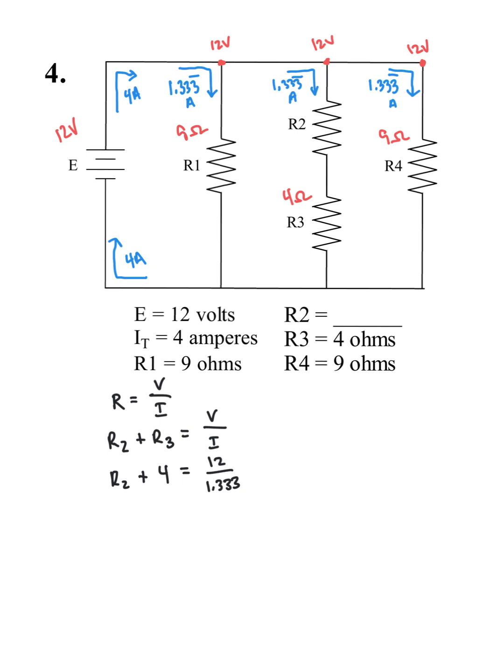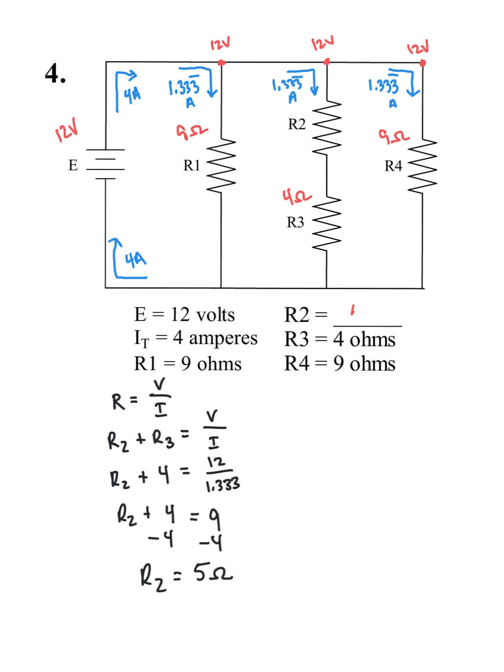You're going to end up with something very close to 9, like 9.0000225 or something, and we don't need to go out that far. So I'm going to put 9 there, and subtract the 4 here, and R2 is equal to 5 ohms. And that's how I end up solving for this.